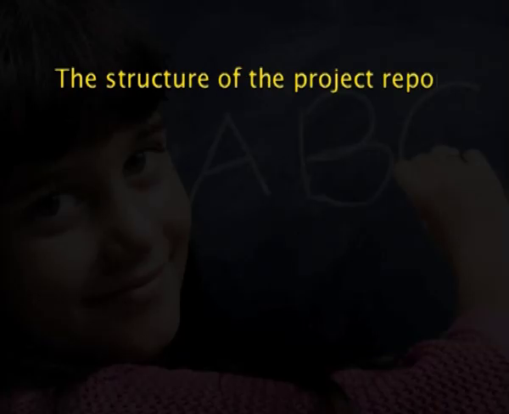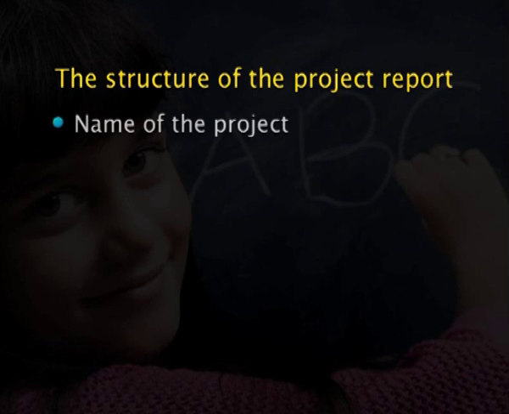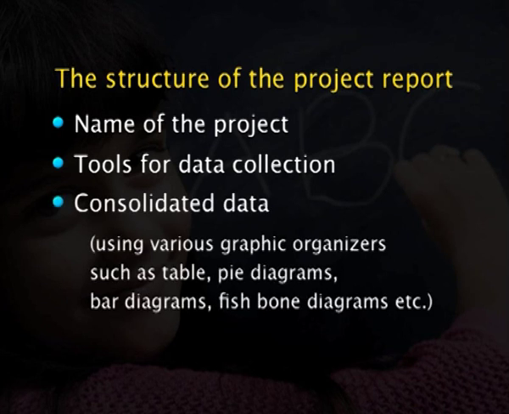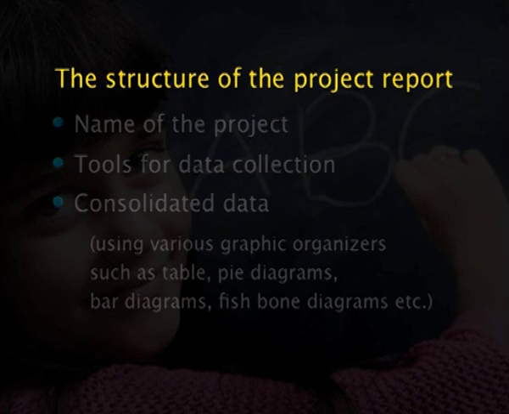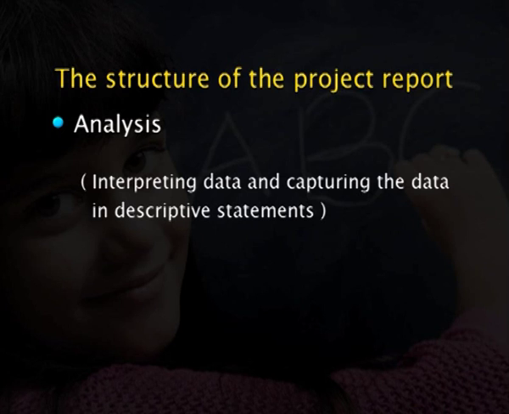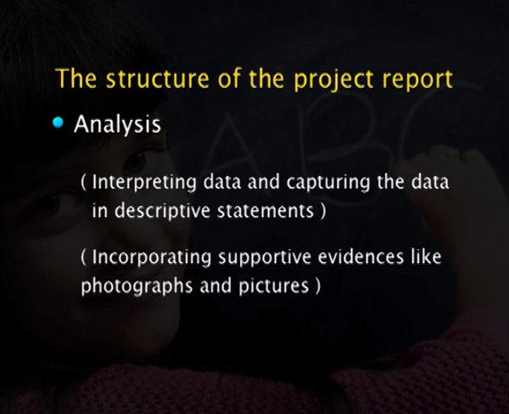The structure of the project report: name of the project, tools for data collection, consolidated data using various graphic organizers such as tables, pie diagrams, bar diagrams, fishbone diagrams, etc. Analysis, interpreting data and capturing the data in descriptive statements, incorporating supportive evidences like photographs and pictures, findings.